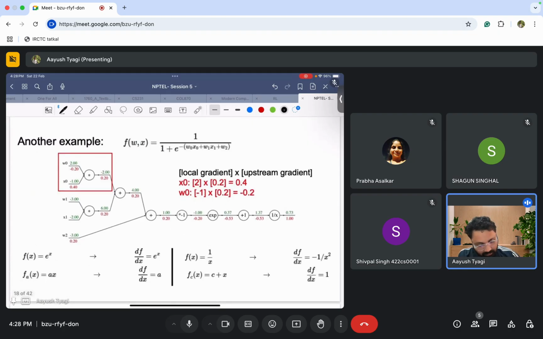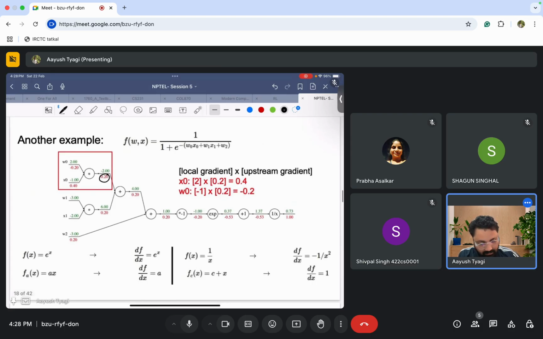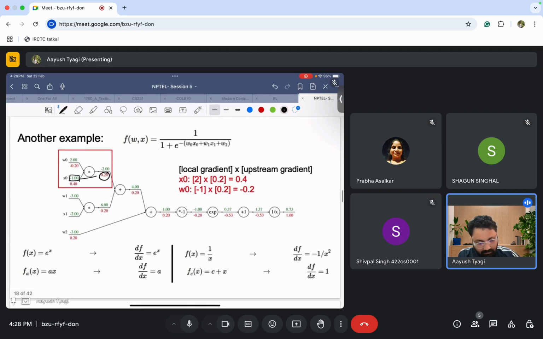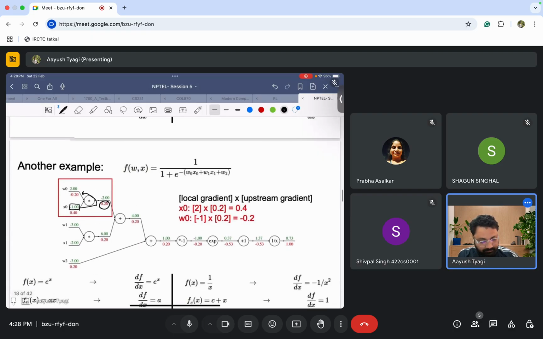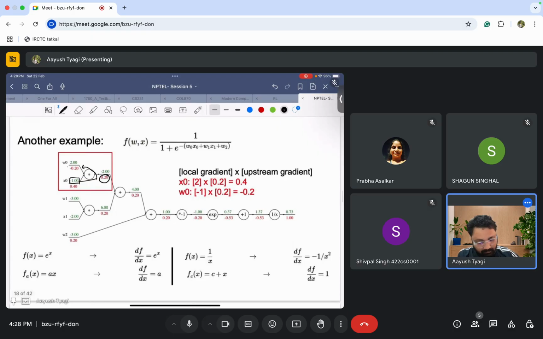You have the gradient at this point 0.20, x0 has a value of minus 1, you multiply it and pass it to the other branch. It is 0.20. Similarly, for the other branch, the value is 0.20, you multiply with 2.00, the gradient is 0.40.